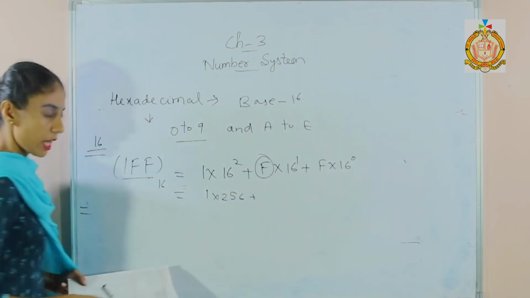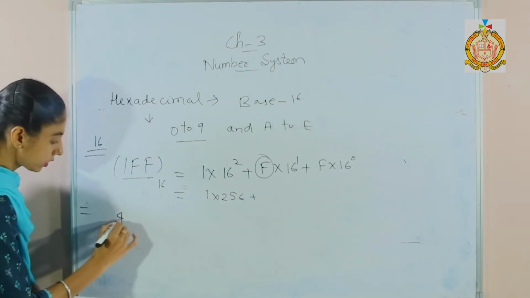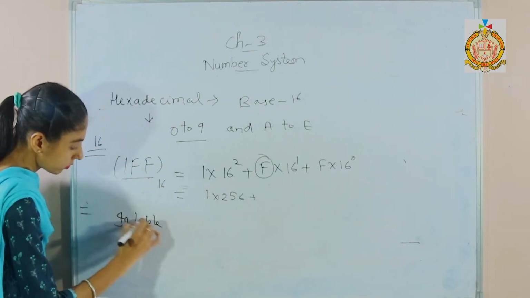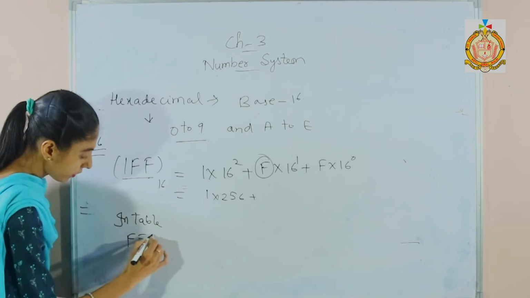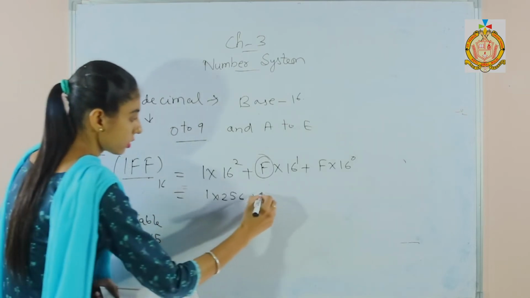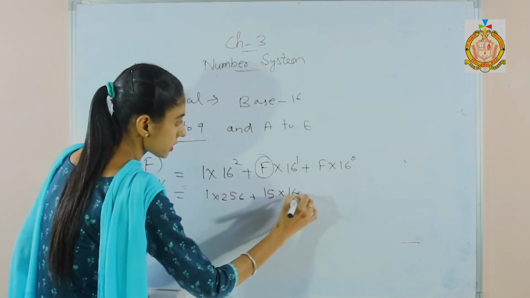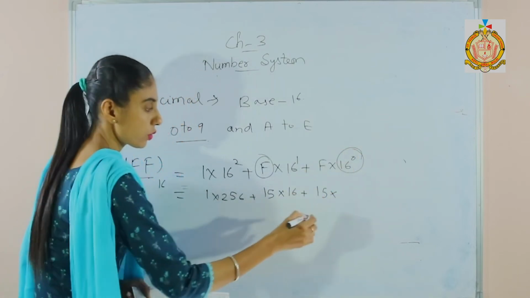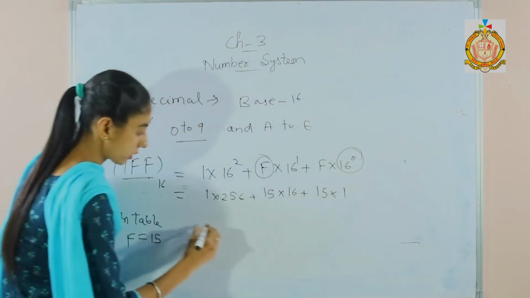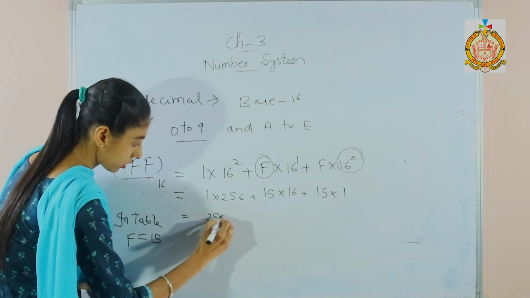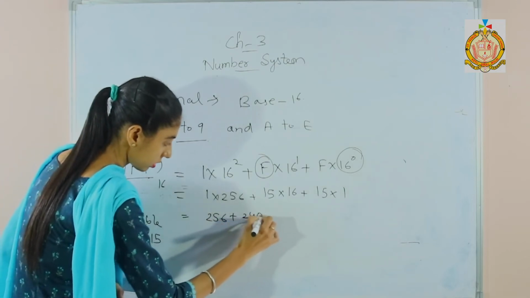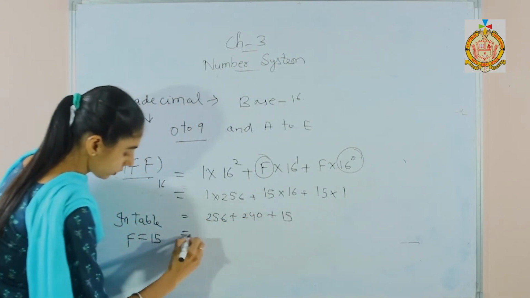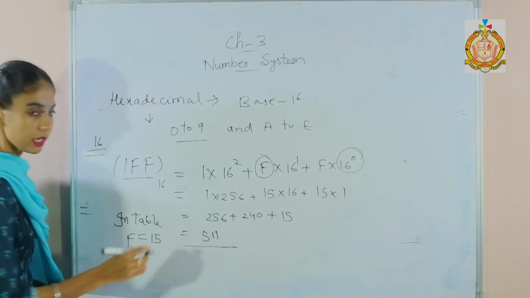What is the value of F in your table? F value is 15. So 15 into 16, and again 15 into 16 power 0, which means its value is 1. So after solving, your answer is 511.